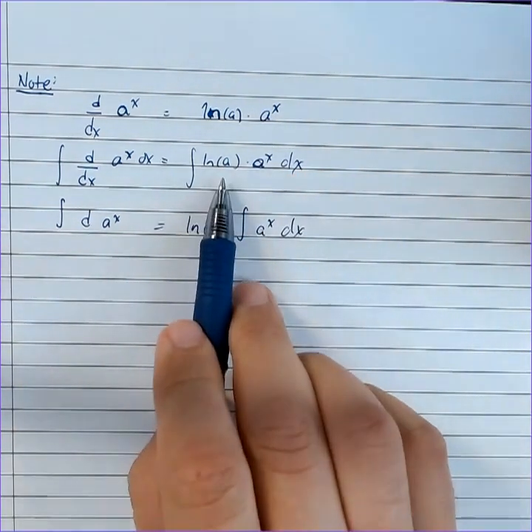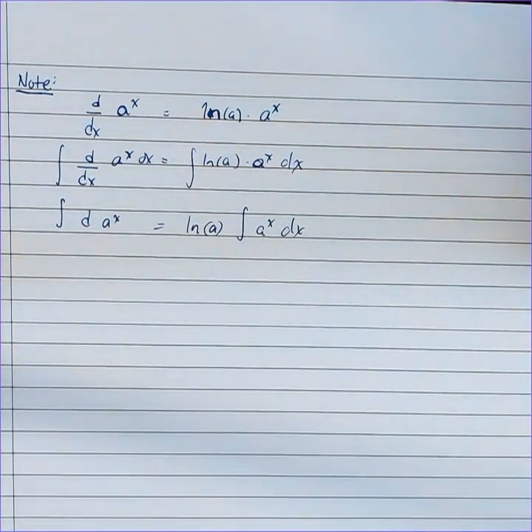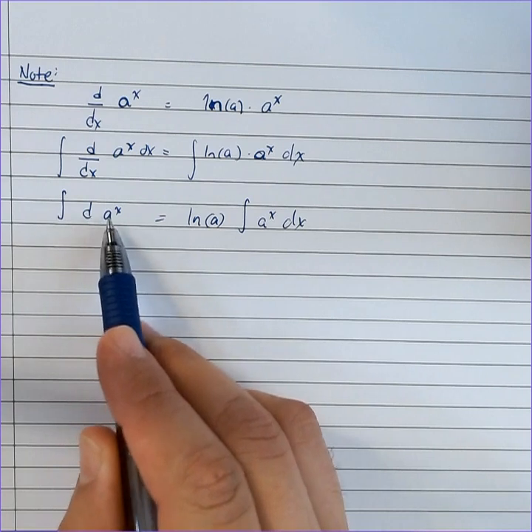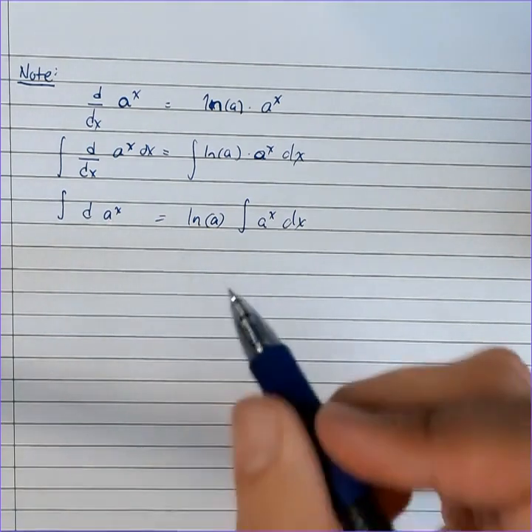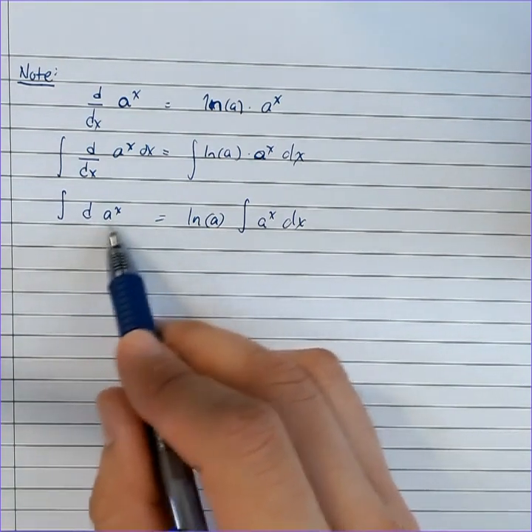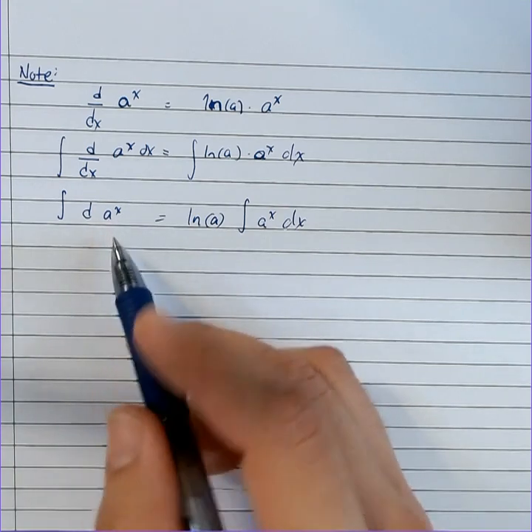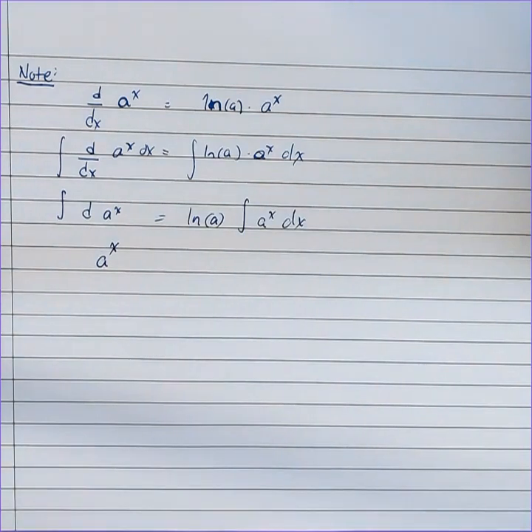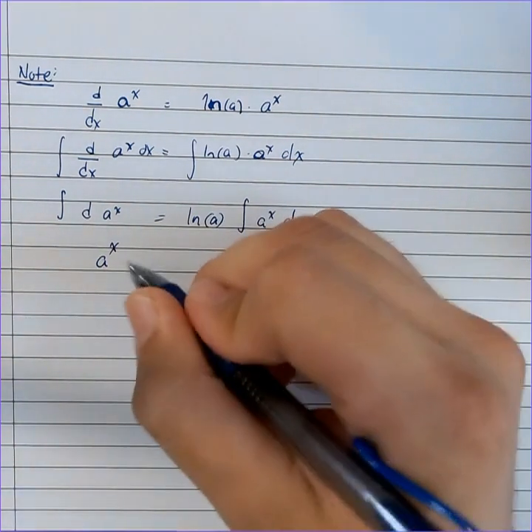After all, integrals, just like derivatives, are linear. You can pull out constants. Oh, but now the integral of the differential of a to the power of x, by the application of the fundamental theorem of calculus, that's just a to the power of x plus some constant of integration, yeah?